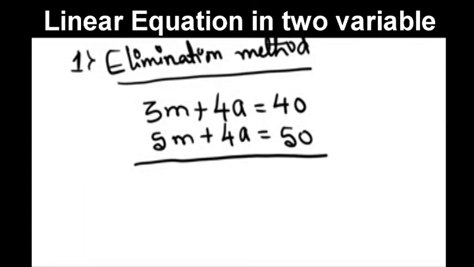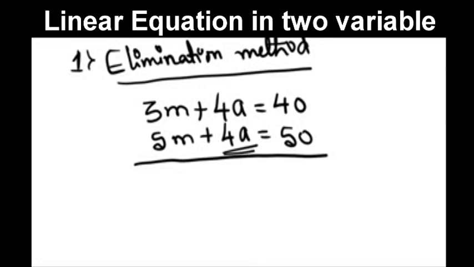In this one, for m it is 3 and 5, but for a it is 4 and again 4. So I will choose a and eliminate it. The meaning of eliminate is to remove it.